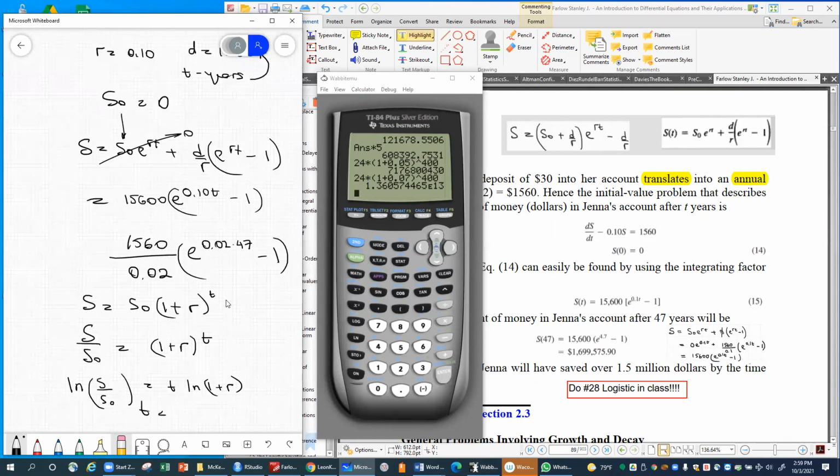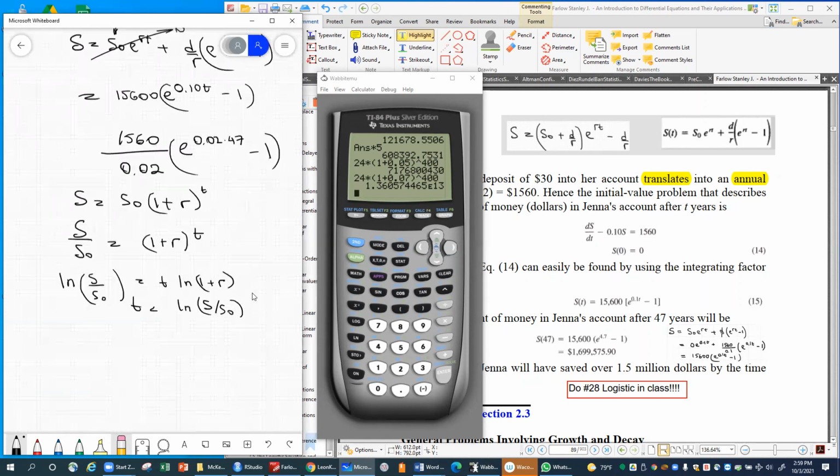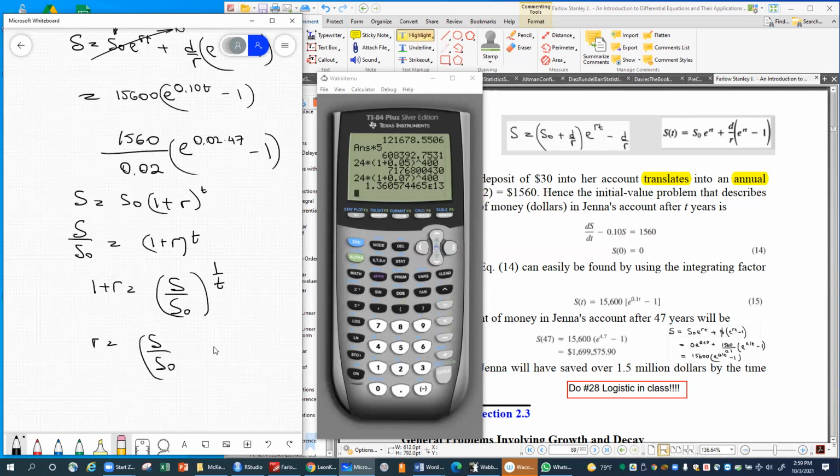So t then is the log of a ratio of amount divided by the log. Oh, wait, we need rate. Sorry, we're solving for rate, not for time. Time we know. But to get to rate, we don't need logs, we need just roots. 1 plus r is equal to (S over S0) to the power of 1 over t. And r is this, right?